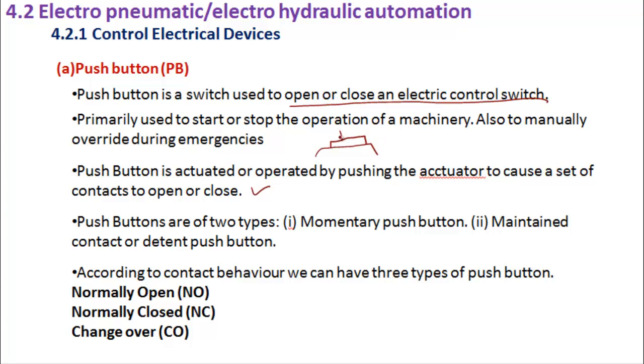On the device you press here and this button will be pressed down and something will happen. Either something will switch on or something may switch off. Okay, now there are 2 types. One is momentary push button and the second one is maintained contact or called as the detent push button.